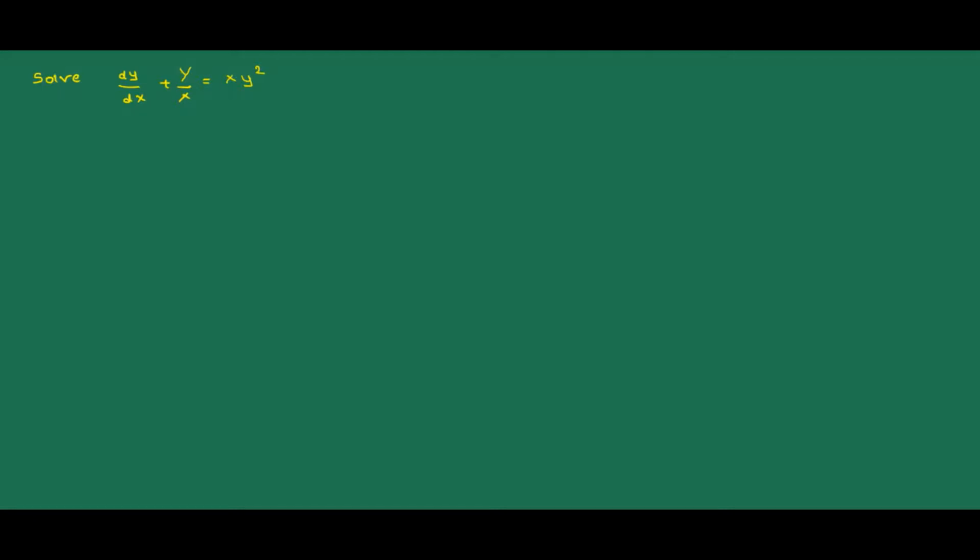So here the given equation is already in the form dy by dx plus py is equal to q into y raised to n. Y raised to n value is y square, q value is x, and p value is only 1 by x.